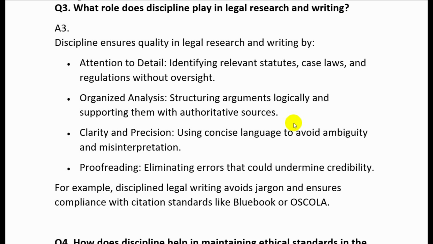And finally, proofreading, eliminating errors that could undermine credibility. So, after drafting, one has to reread or proofread the entire document multiple times to eliminate any errors in the document. For example, disciplined legal writing avoids jargon and ensures compliance with citation standards like Blue Book or OSCOLA.